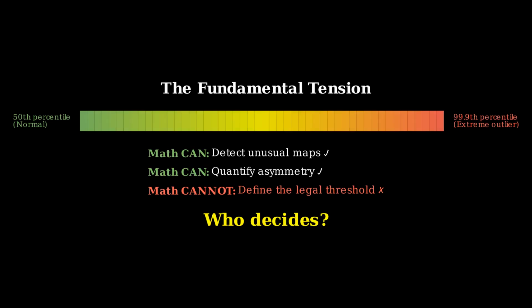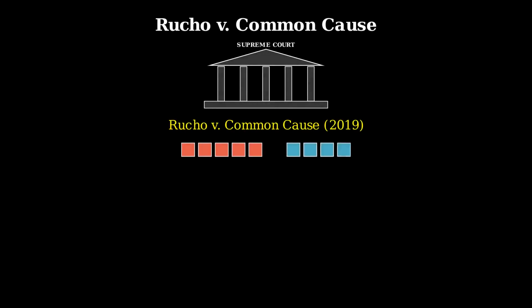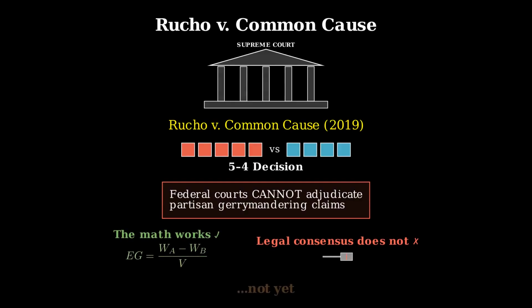Who decides? The Supreme Court, in Rucho v. Common Cause in 2019, ruled 5-4 that federal courts cannot adjudicate partisan gerrymandering claims, not because the math is wrong, but because the justices couldn't agree on a manageable standard for when partisan advantage becomes unconstitutional. The math works. The legal and political consensus does not.